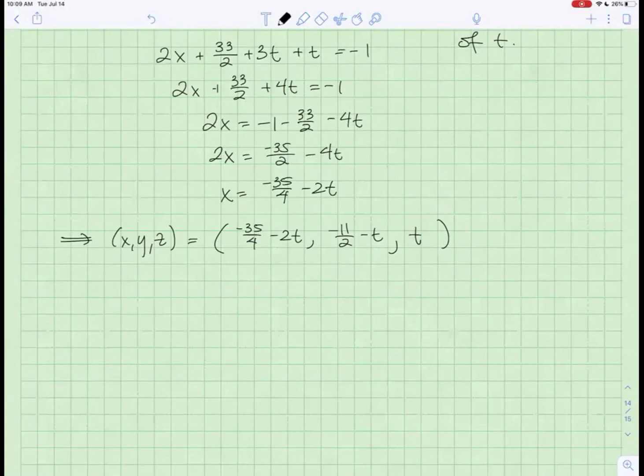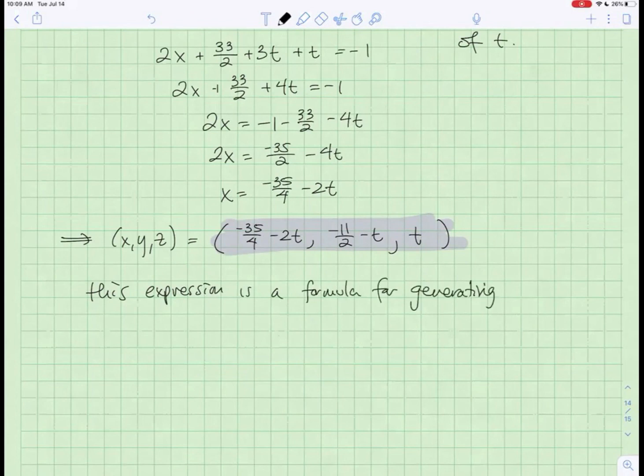Let's talk about what this expression is. It is a formula for generating solutions x, y, z to the system. What was our original system? Let's go back here and grab it.